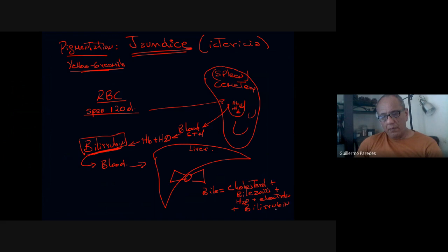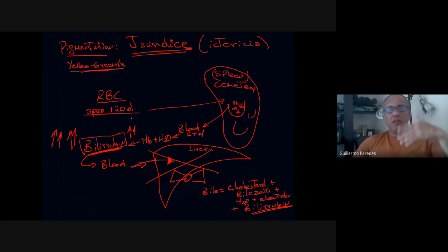So all these, the bilirubin then is going to be captured by the liver. But if the liver is not working or the liver is failing, the bilirubin is going to be increased in the bloodstream. So bilirubin is going to be distributed all over the tissues, the skin, the liver, everywhere.